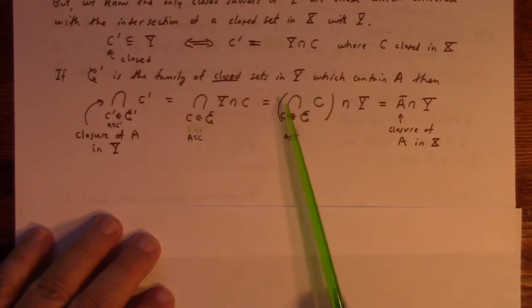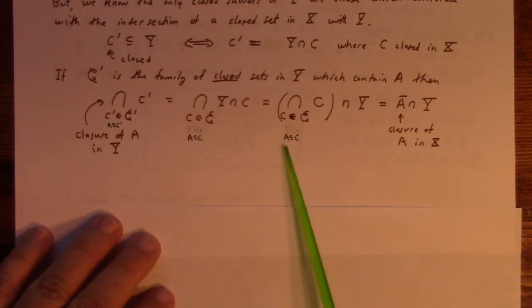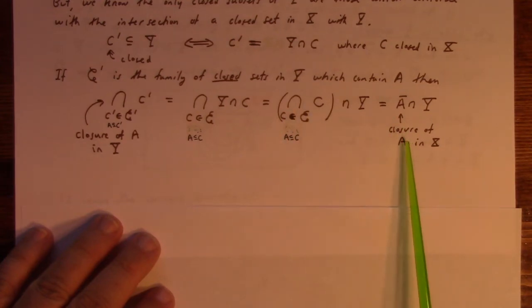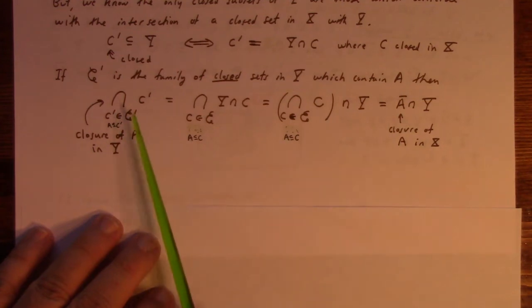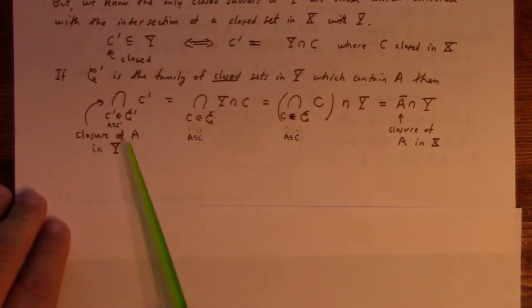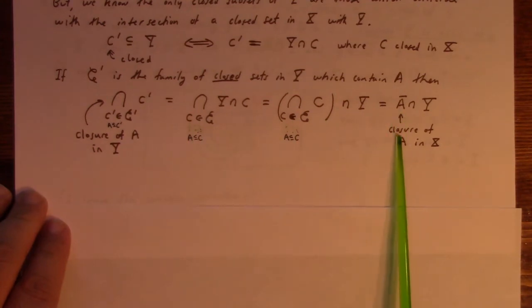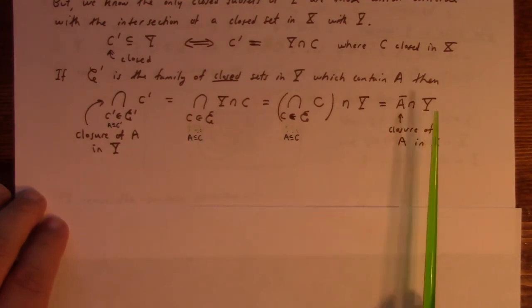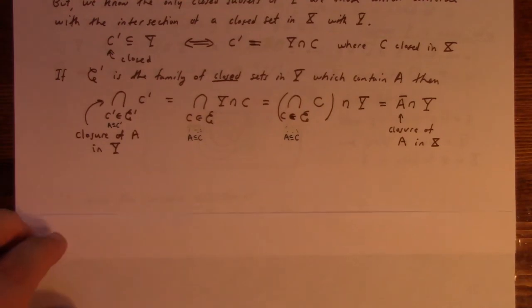This is the intersection of all closed sets in X which contain A. That's exactly the closure of A in X, whereas this over here was the closure of A in Y. So like I was saying, the closure of A in Y is equal to the closure of A in X intersected with Y. So there you have it.